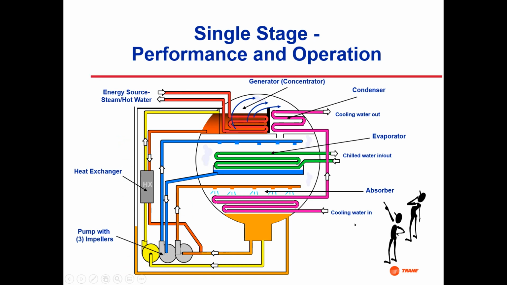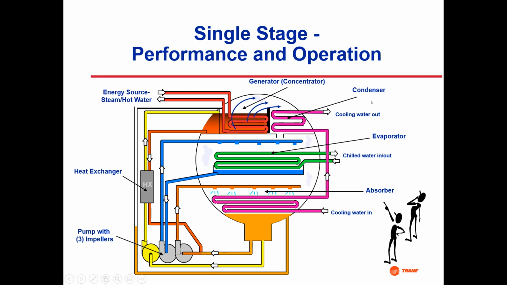Over here, we've got cooling tower water coming in. It goes into the absorber, and then it goes into the condenser. So we are going to be dumping more heat. For a given size chiller, we're going to need a larger cooling tower with this absorption cycle than we would with a standard centrifugal vapor compression chiller.